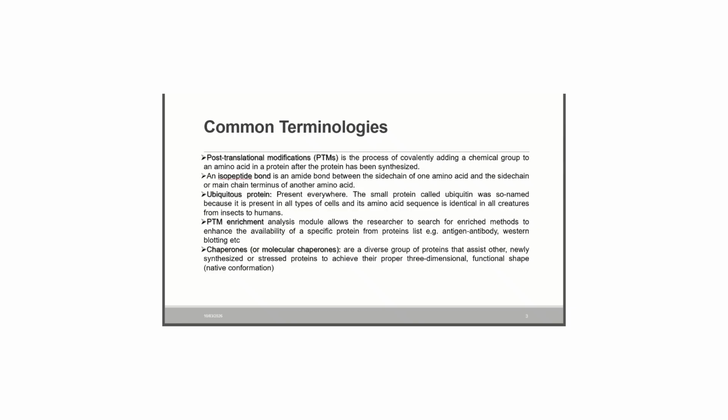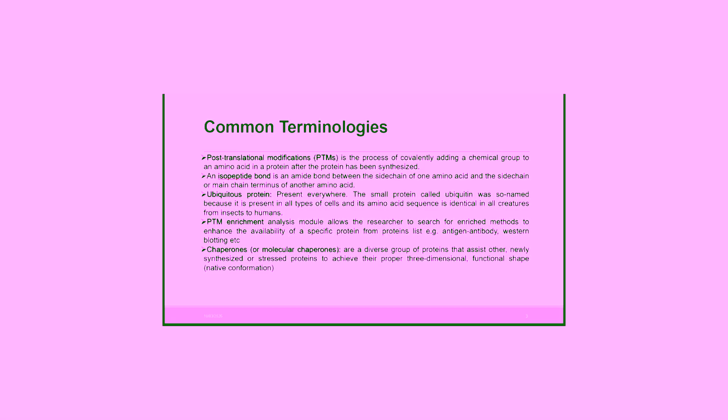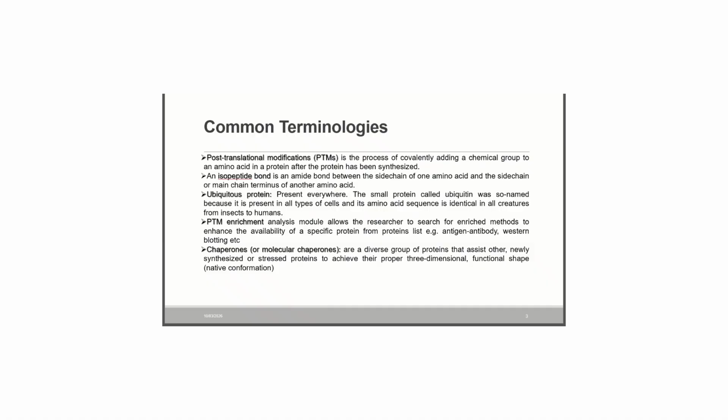Ubiquitous protein: this is present everywhere in the cells, in the body fluids of humans and animals, in the cellular components of plants, and even in the bacterial or prokaryotic cells.